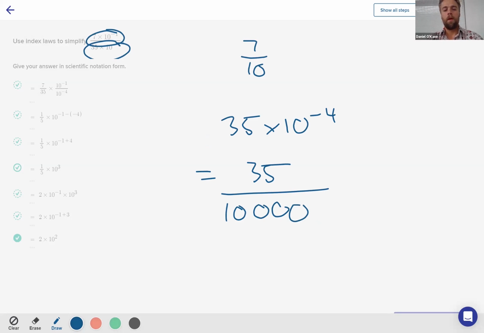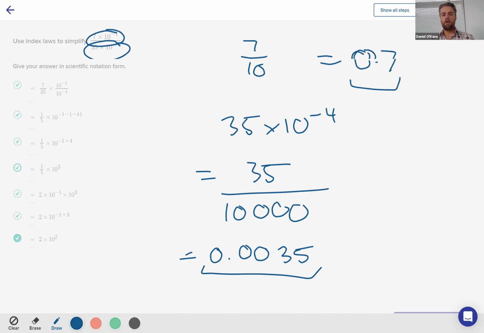Okay. So that's 0.0035. So what I did was I just took 0.7 and divided it by 0.0035. Well, that would have been quite tricky for me to do without the use of a calculator. So scientific notation actually made this easier for me to do.